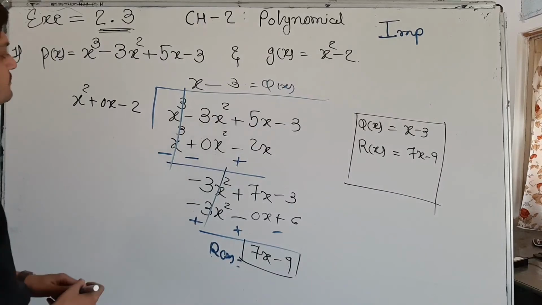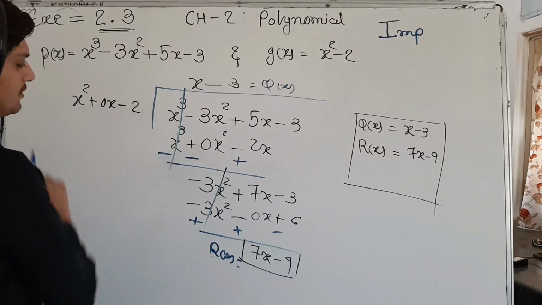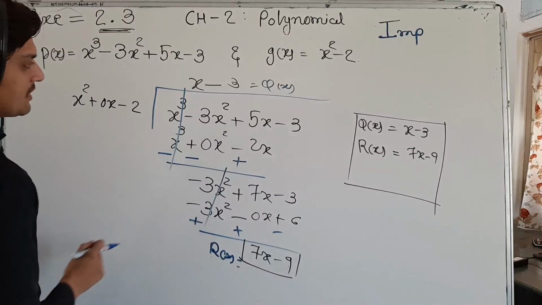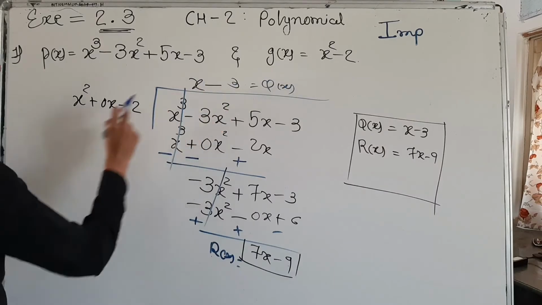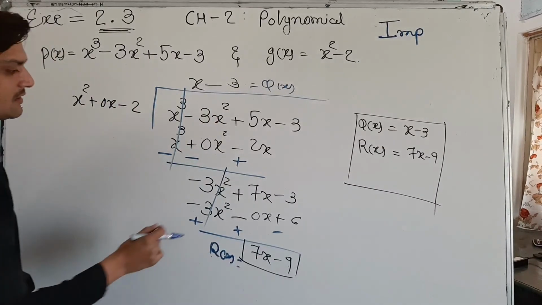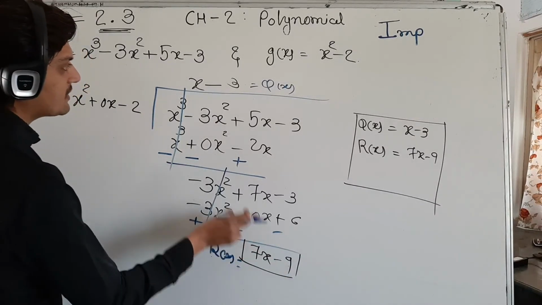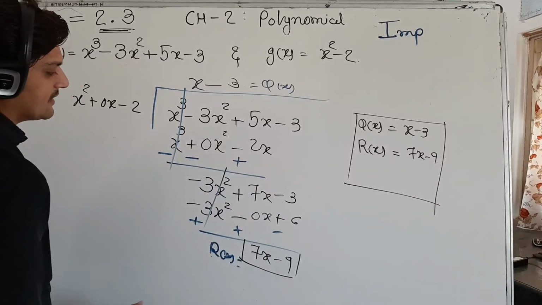Okay, so minus 3 into x square, so minus 3x square will come, and minus 3 into 0x, so 0 into any number will come 0 only, so 0x, minus 3 into minus 2, so it will come plus 6.